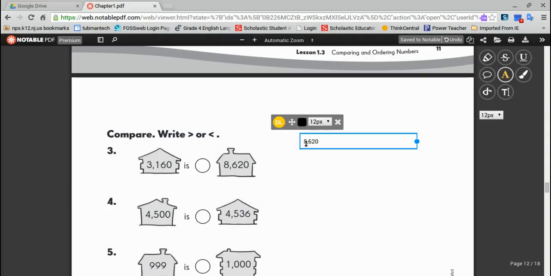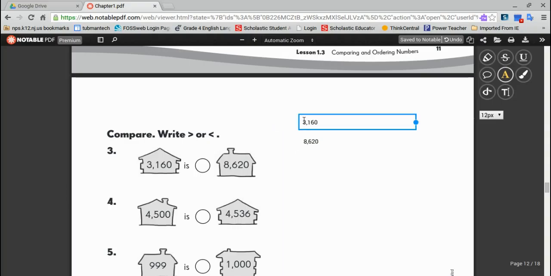So if I look at my thousand spot, I have 8,000 over there and 3,000 over there. So now I know that the 8,000 is bigger than the 3,000. So again, I want my sign to open up or to eat my bigger number. So I need my sign to open up like that.